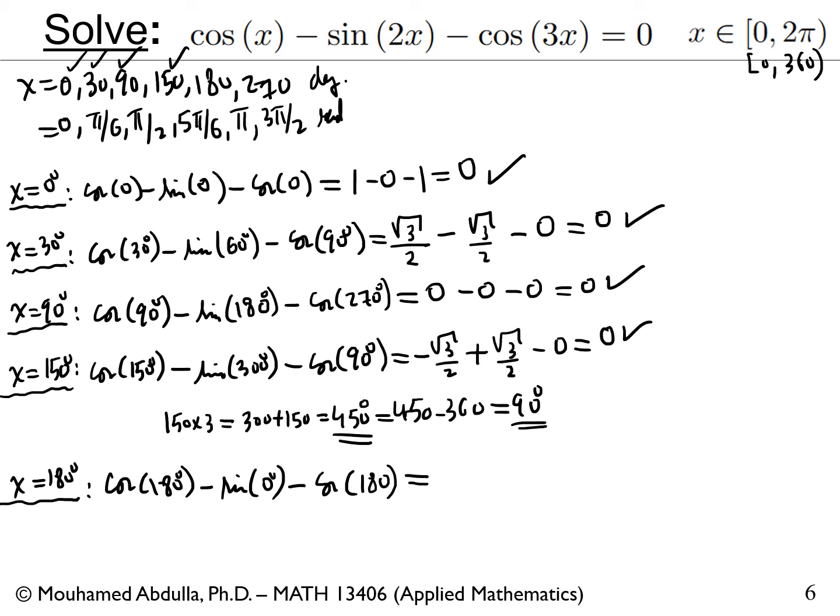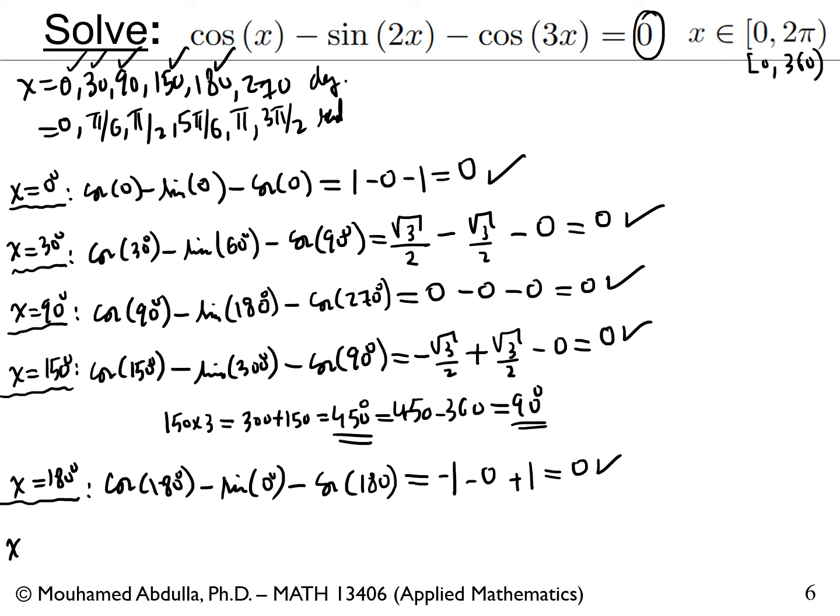Cosine of 180 is minus 1. Sine of 0 is 0. And minus cosine of 180 is minus minus 1, which becomes plus 1. So we have minus 1 plus 1, which is 0. That also gives us a good result: a 0 for the expression.